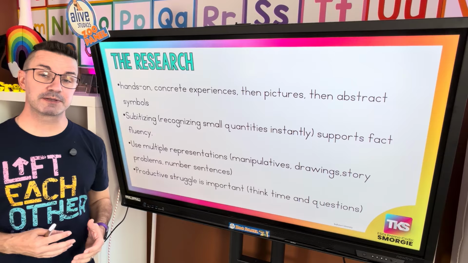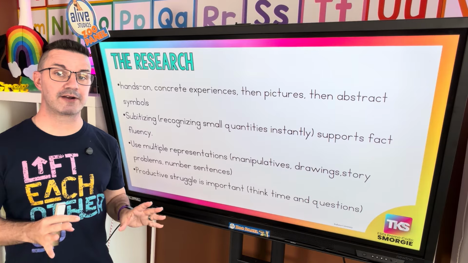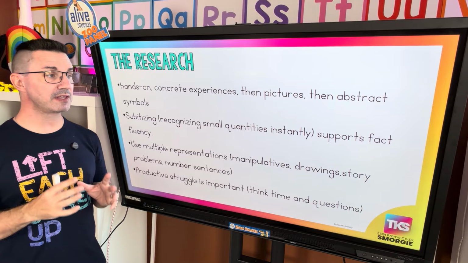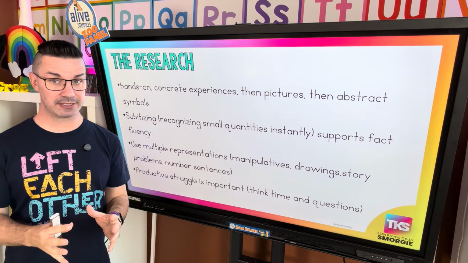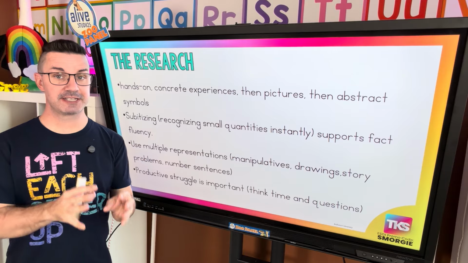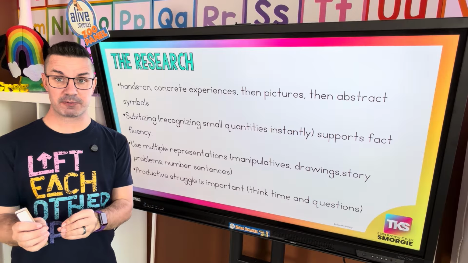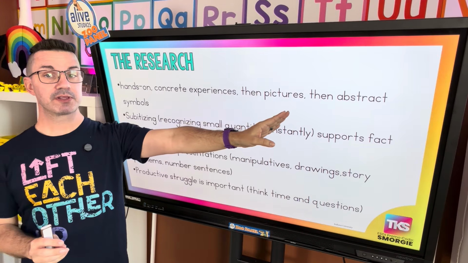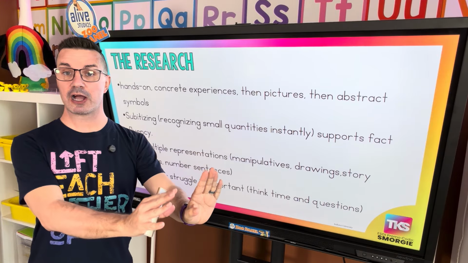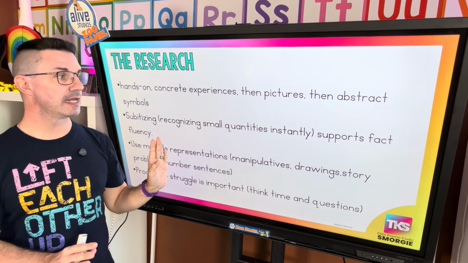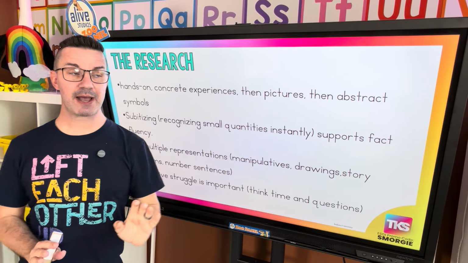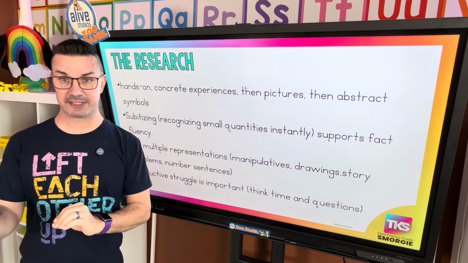This is some specific research around addition and subtraction. With addition and subtraction, you need to start with hands-on, concrete experiences first. I'll show you some of those. Then you start to move to a little more abstract, pictures. Then you go abstract with symbols, equations.